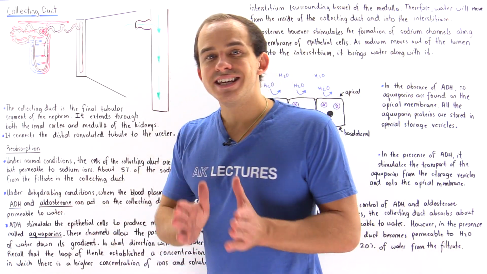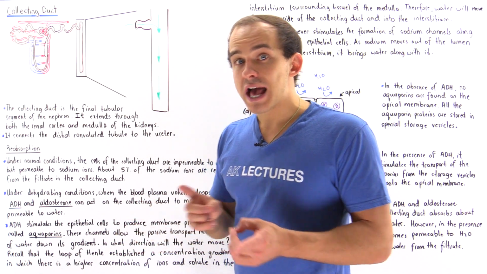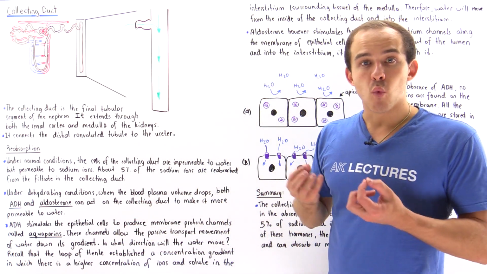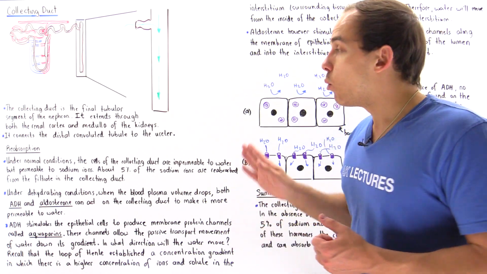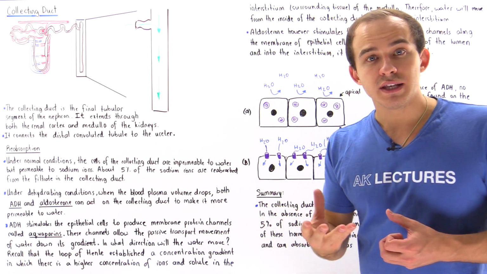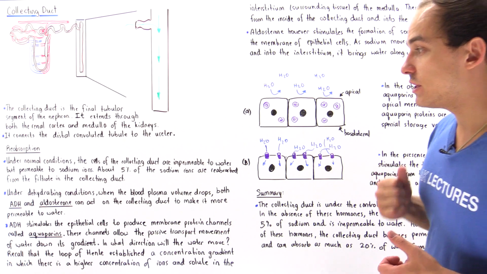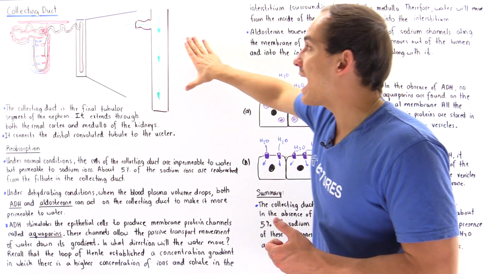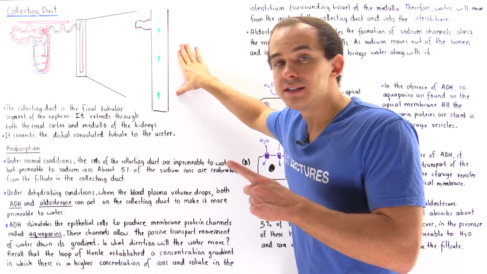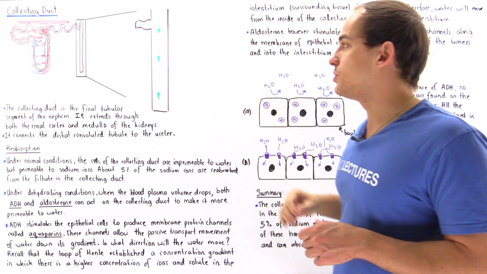So under dehydrating conditions, that is, when the volume of water inside the blood plasma of our body is low, what happens is our body releases these hormones. It releases ADH and aldosterone, and these hormones act on our collecting duct to basically make it permeable to water.